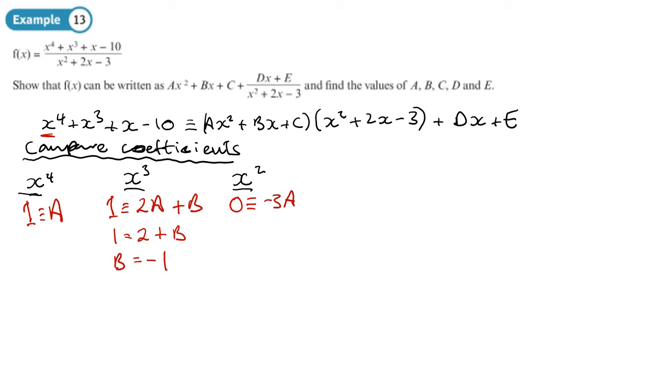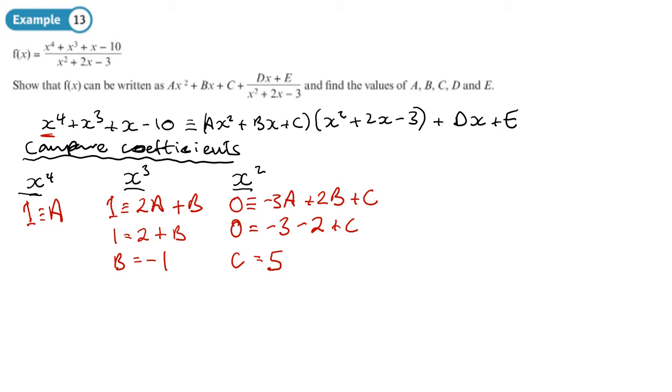Then I would get 2bx squared, and I'd also get cx squared. Okay, right, so I already know that a is 1. I know b is minus 1. Okay, what does that mean? That means c equals 5. Right, we're now on to d and e.